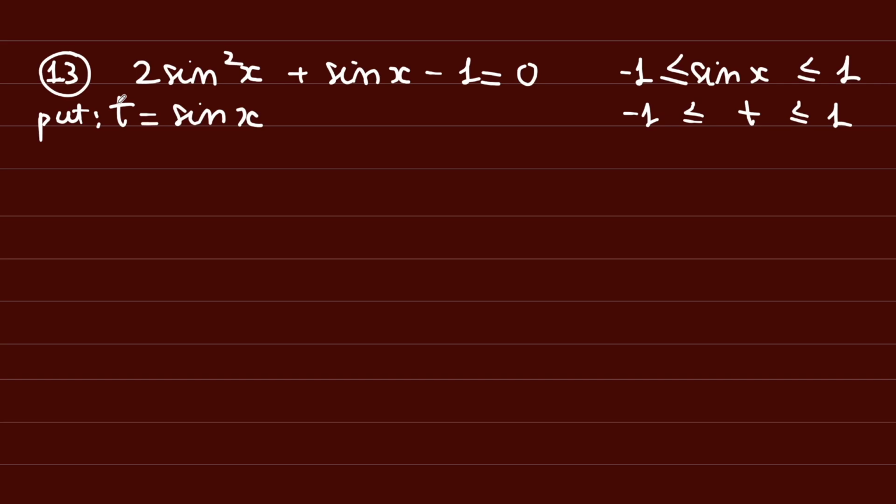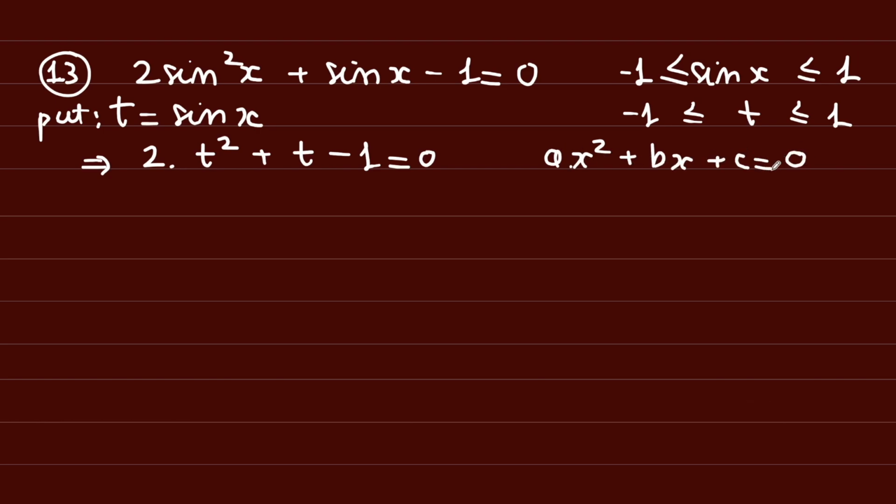After you have t equal to sine h, the original equation becomes 2 multiplied by t square plus t minus 1 equal to 0. Yep, and this has the form of a quadratic equation. About quadratic equations, you need to use the quadratic formula. About the formula, you need to understand a t squared plus b t plus c equal to 0.